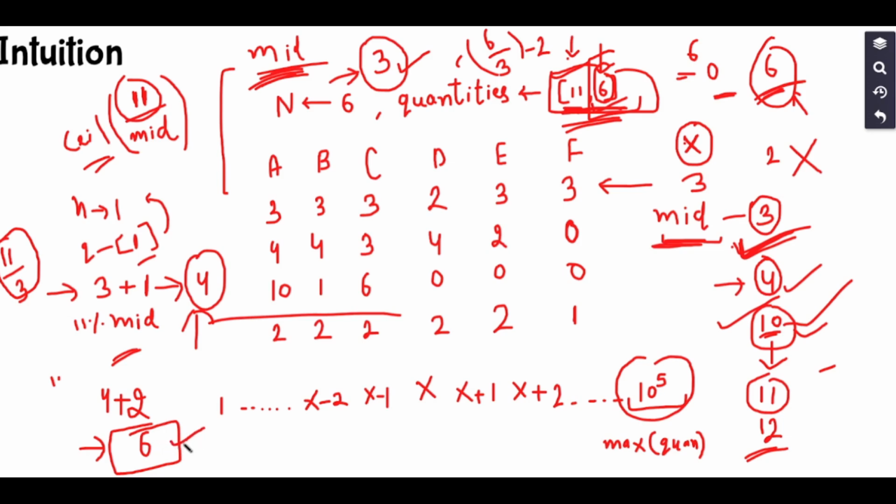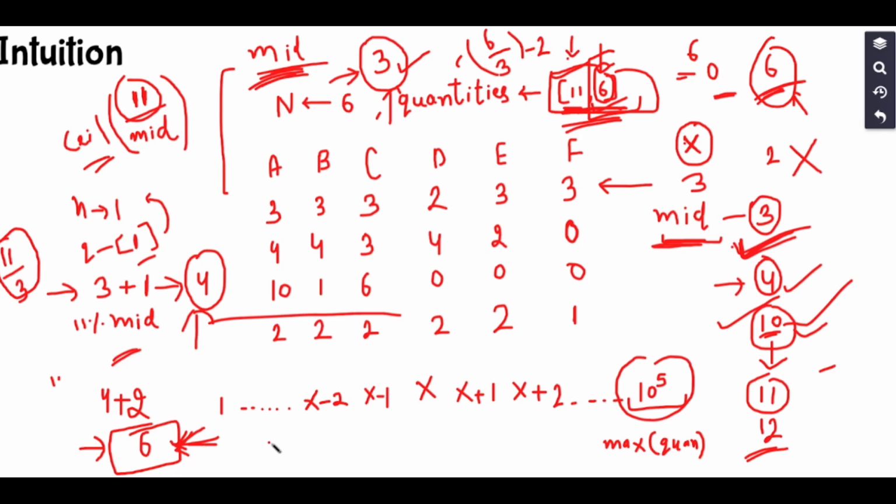Okay, now I want to minimize this. I want to deliver my products to the minimum number of stores, because it is okay if some of the shops end up receiving no product, but it is not okay that we have undelivered product. We must deliver all of the products to the minimum number of shops. Now in this case, I can deliver my product to 6 shops such that the quantity given to any shop does not exceed this 3.